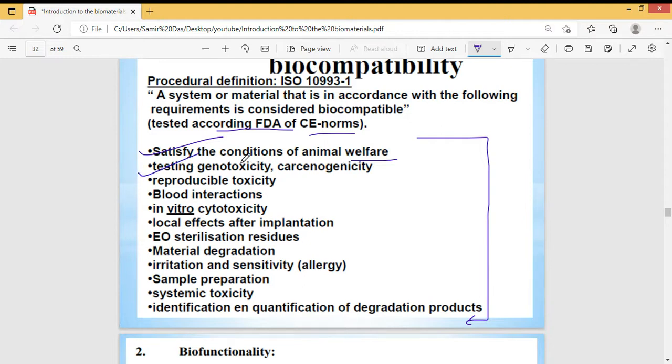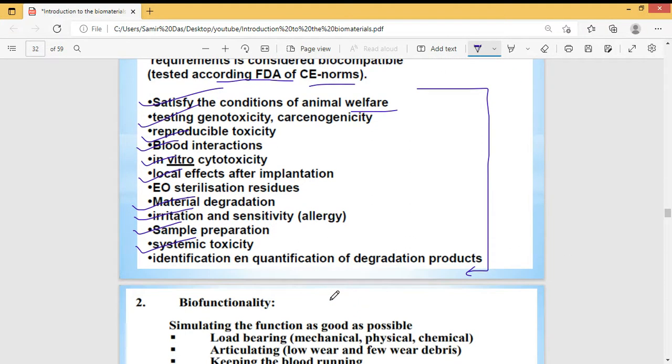And next is the testing: genotoxicity and carcinogenicity, reproductive toxicity, blood interaction, what I mentioned previously, in vitro cytotoxicity test, local effect after implantation, EO sterilization residues, material degradation, irritation and sensitivity, sample preparation, systemic toxicity, identification and qualification of degradation products as well.